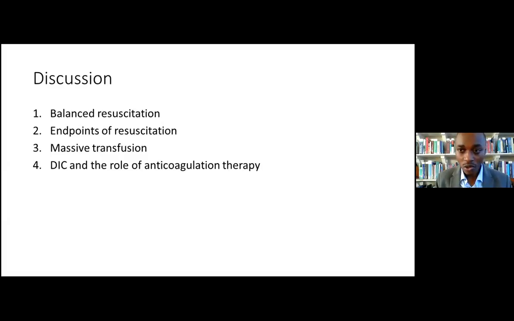So you did mention that when you give crystalloids, you're going to monitor the response of the patient. So I'm sure you're talking about endpoints of resuscitation. Can you just quickly mention them, the endpoints of resuscitation? Oh, okay.